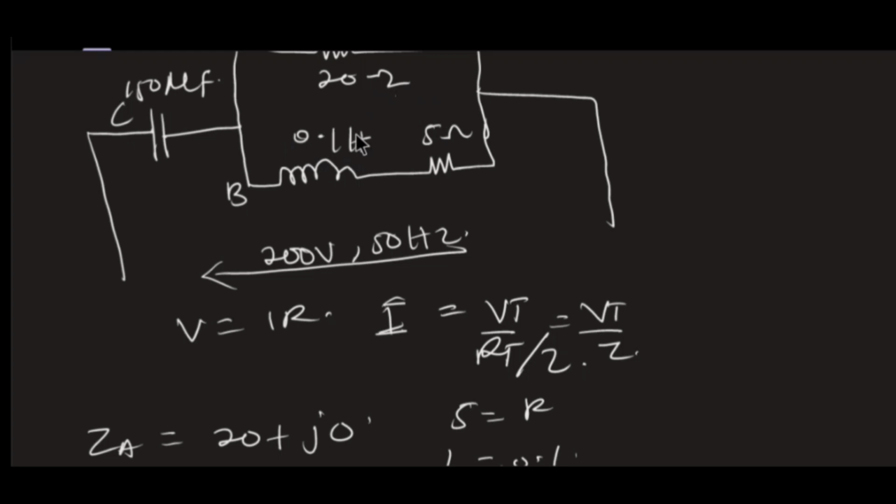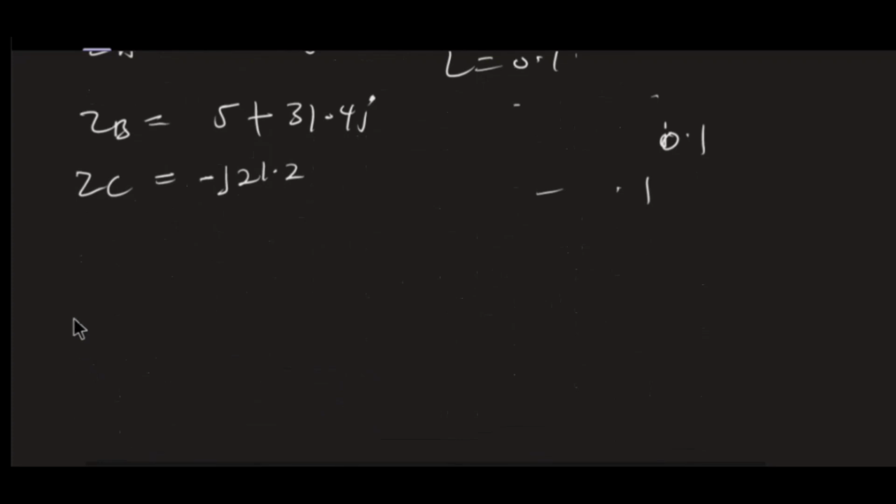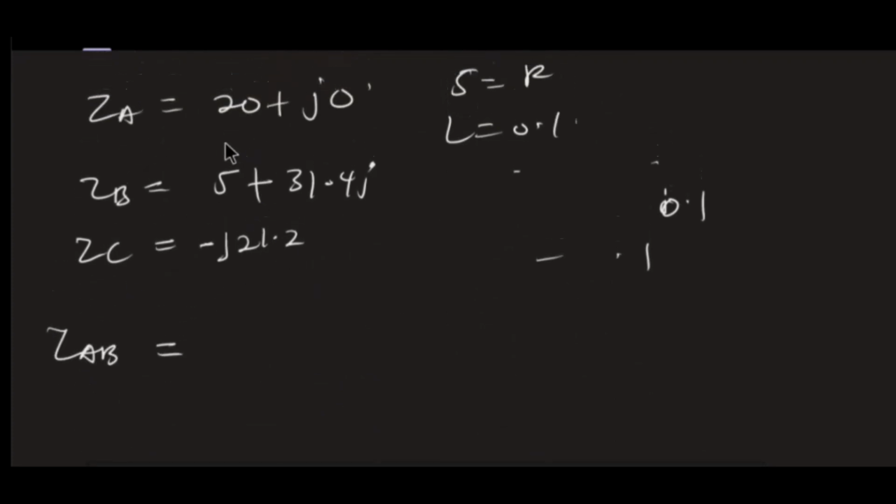This is the parallel connection of this and this, so the voltage here is across these two. So I need to find the effective impedance of A and B. So my ZAB is simply equal to, I have this and this, right? So ZA is parallel to ZB.